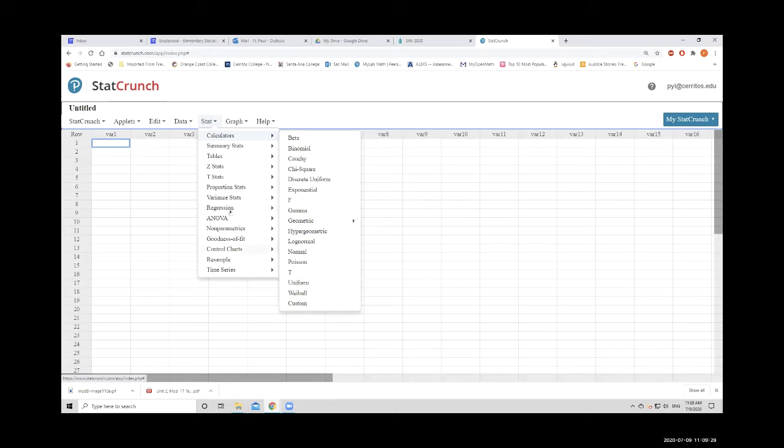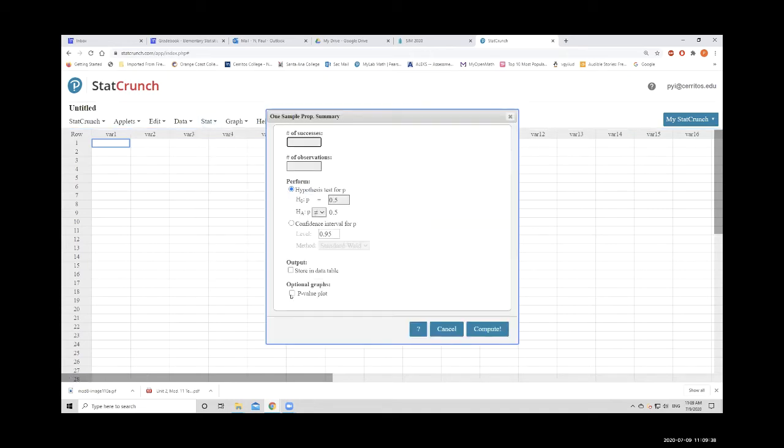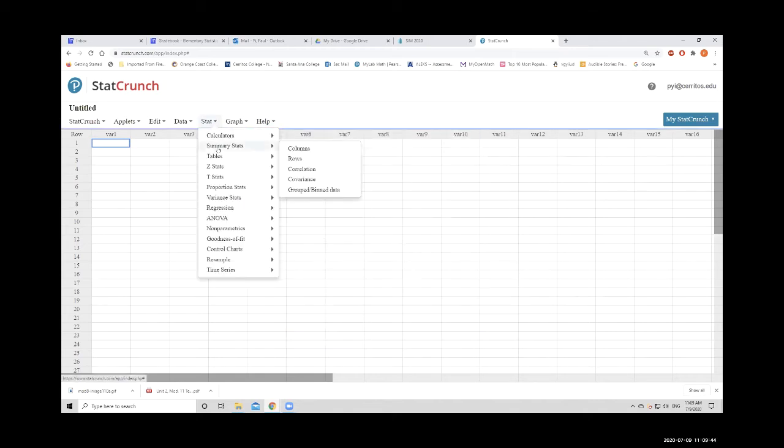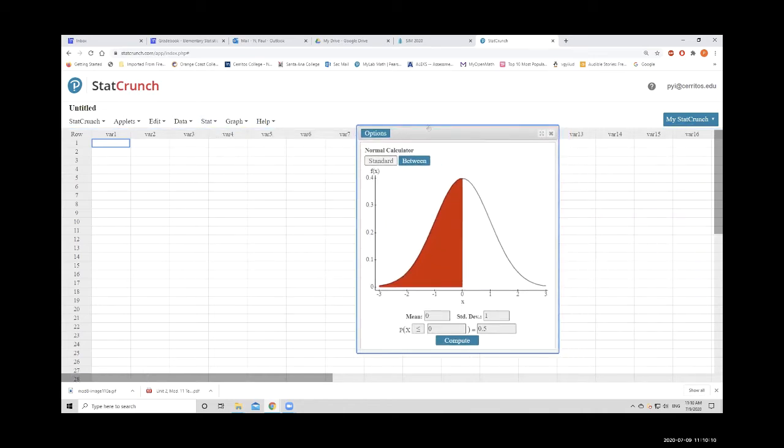Oh, we're calculating normal. Let's do, wait, proportion with data. Is that right? Confidence interval, no. Hypothesis testing, I'm not doing hypothesis testing. Let's see. Oh, it's got to be this. Even though this is a proportion, it's going to be a normal.